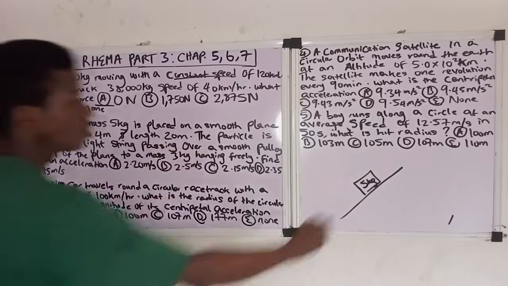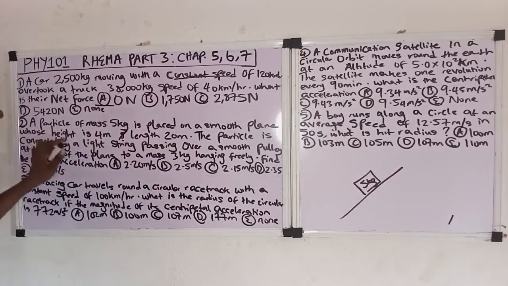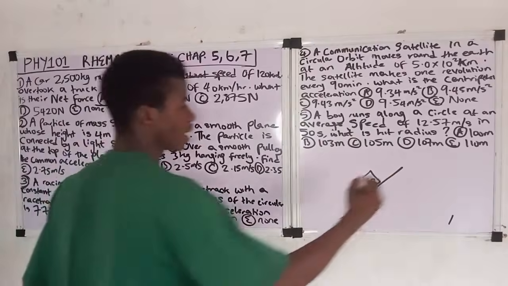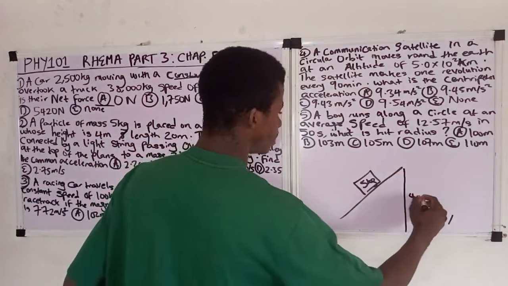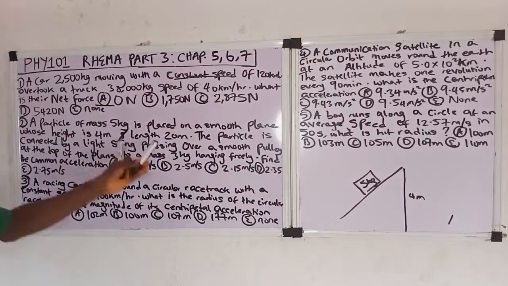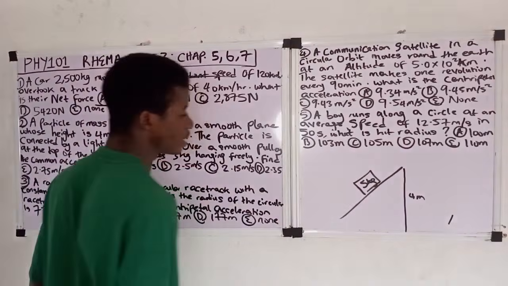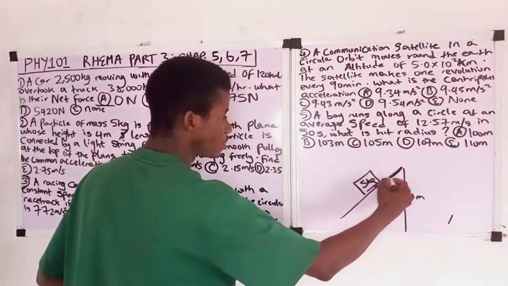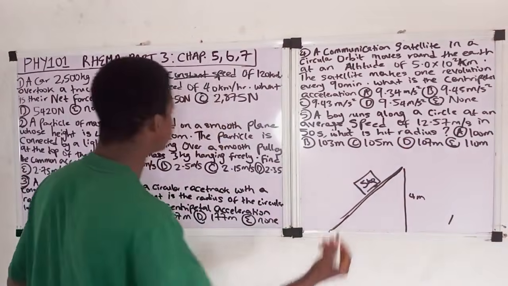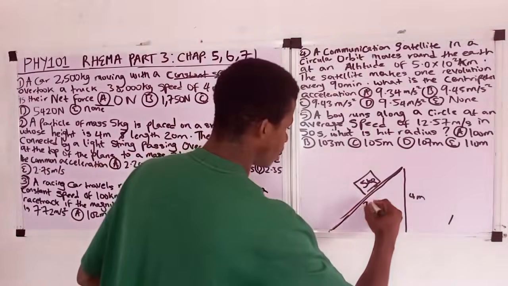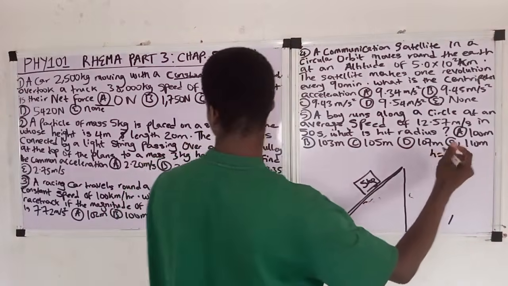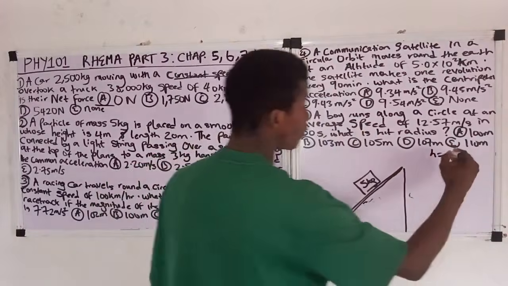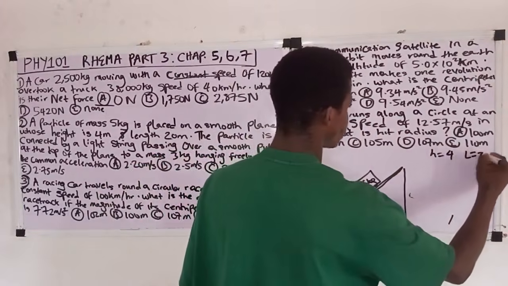It's placed on a smooth plane whose height is 4 meter and length 20 meters. So let me write it somewhere. The height of the plane is 4, then the length of the plane is 20.